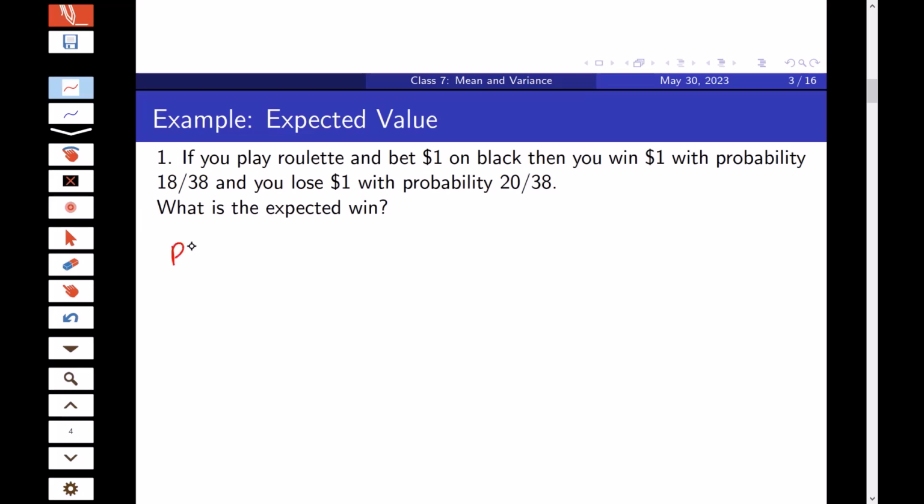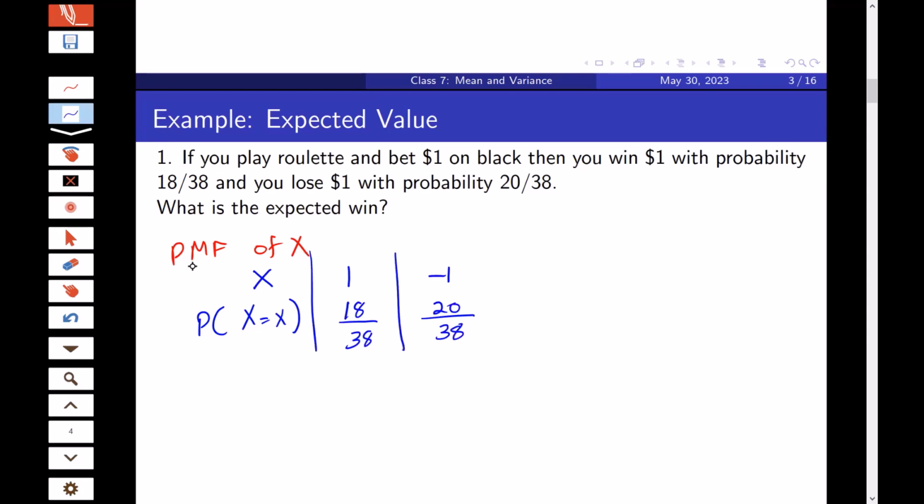Now I can write down the probability mass function of X. X can take 1 or negative 1, because losing means negative. The probability of X equal 1 is 18/38, and the probability of X equal negative 1 is automatically 20/38. This is the probability mass function of X.